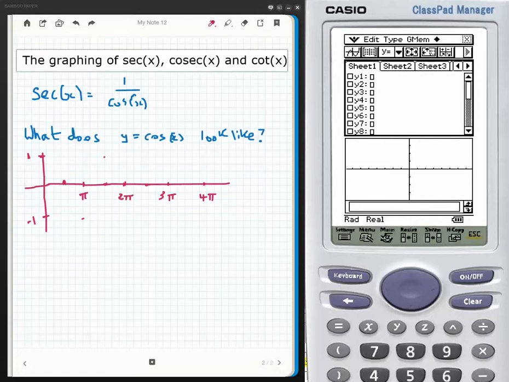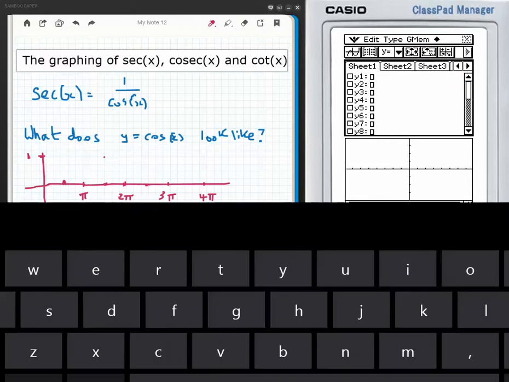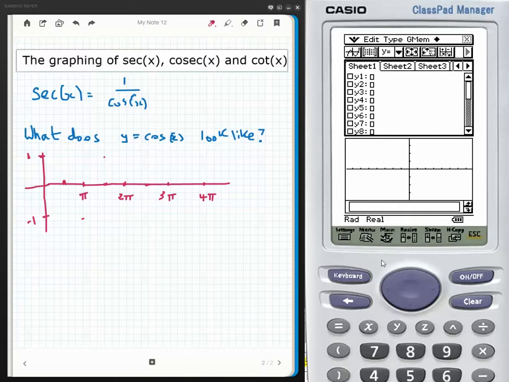Got an axis there. Cos of x has a period of 2 pi, has an amplitude of 1, therefore it will start at 1 and then it will go down to -1 at pi, it will go back up to 1 at 2 pi, and it will complete that cycle and continue going down to -1, going back up and finishing at 1 again, and that cycle continues.